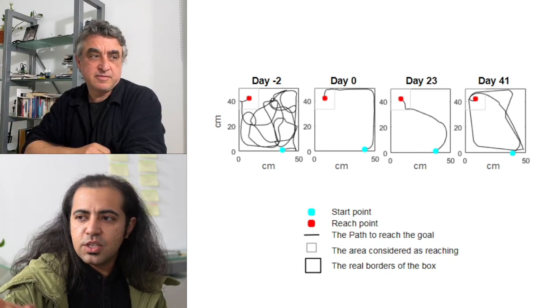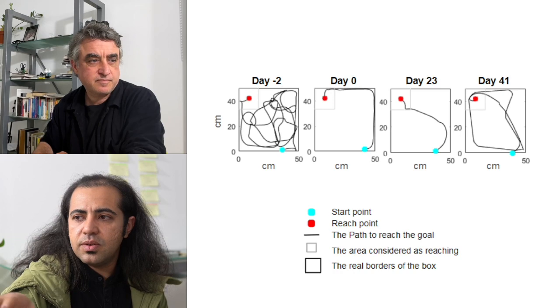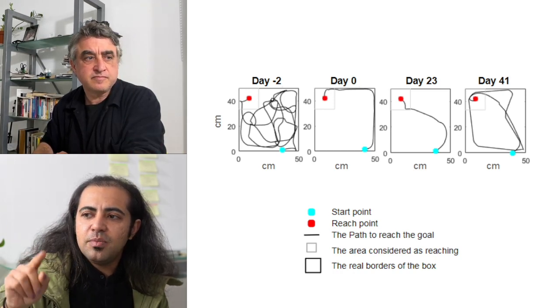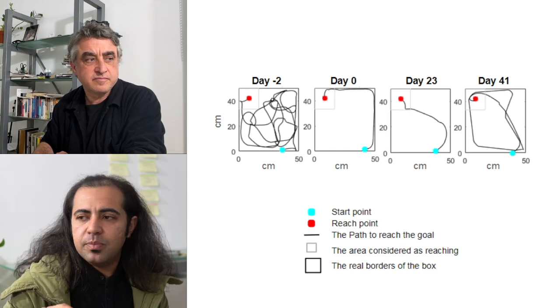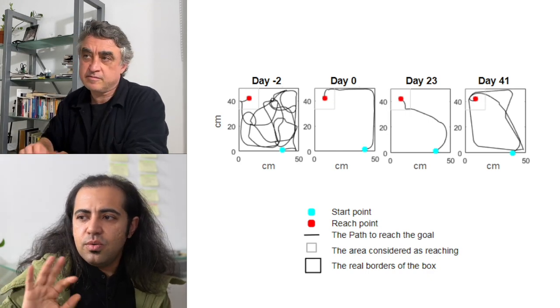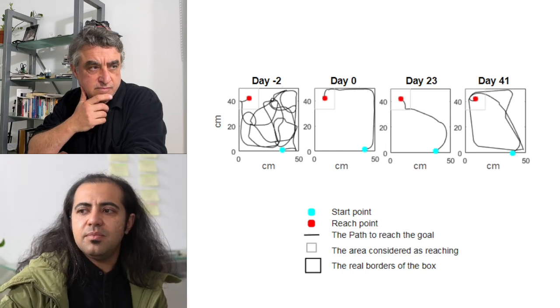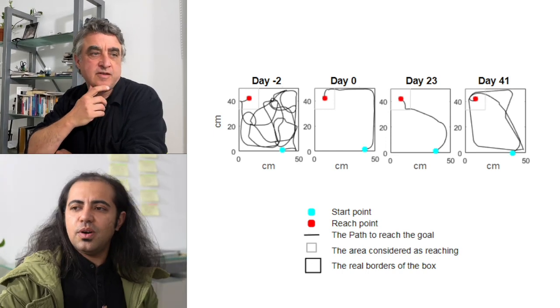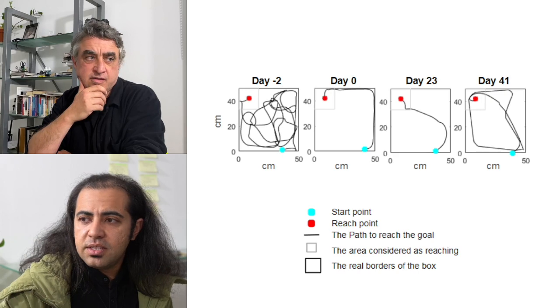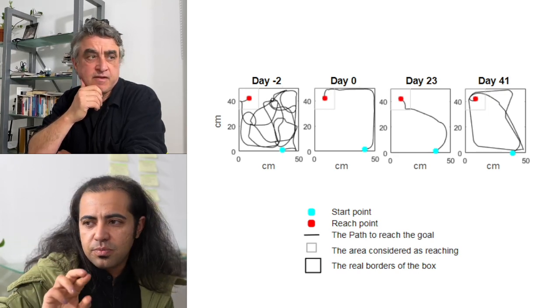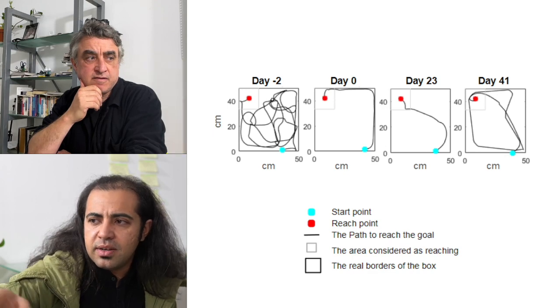Right. Exactly. So in day -1, when they're still learning, you see that it takes a long time navigating until it finds the pellet. But then on day 0, it has, that is -3, I think, yes? Yeah, because on day -2, okay. On day 0, the animal goes directly there. And then it's even doing better in day 22.